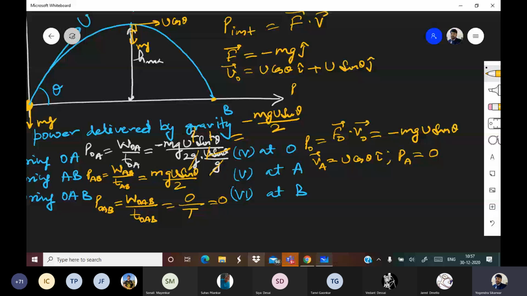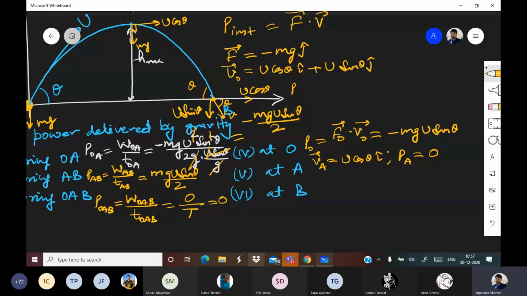Now, if we talk about point B, at B the velocity will be like this. If this is theta, this will be theta, this will also be theta. So one component will be U cos theta along horizontal, and one component will be U sin theta along vertical.